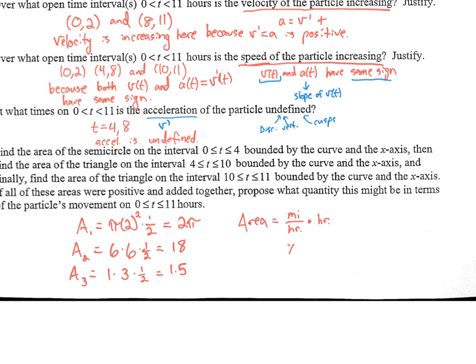So our area is miles per hour times hours, and if we multiply those units together, we just end up with miles. So we see this relationship that the area underneath these shapes would give us the number of miles traveled. And that is what all these areas added together means. If you were to add all these things together, what we would end up with is the total distance traveled by the particle.